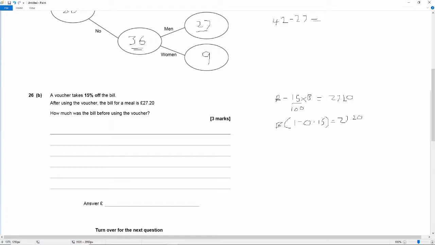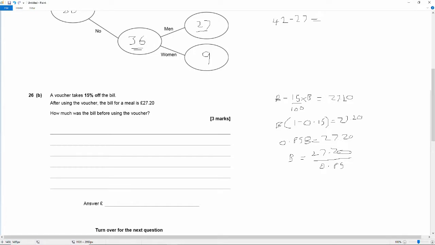If I take 15 away from 100, I'm going to have 85, so 1 minus 0.15 is 0.85. So 0.85 times B is equal to £27.20. So the original bill is equal to £27.20 divided by 0.85.